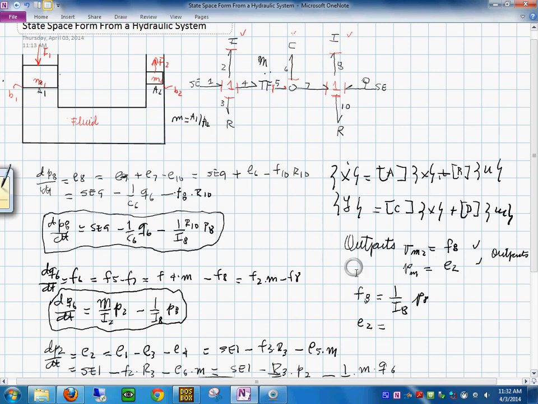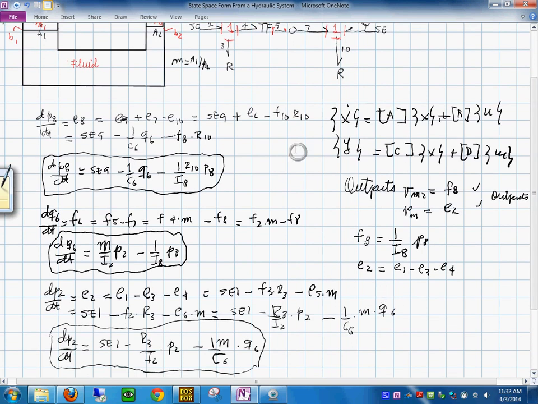E2 is E1 minus E sub 3 and minus E sub 4. But that one we already did over here, see? So E2, let me just make sure that we put a line so we don't get confused. But E sub 2 is this.